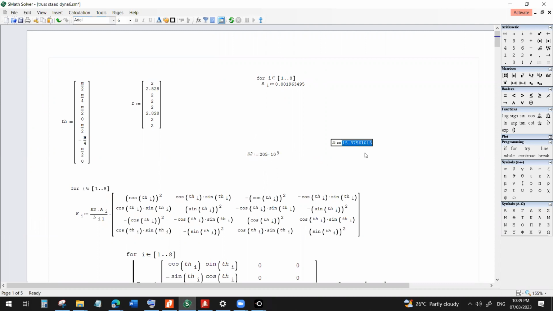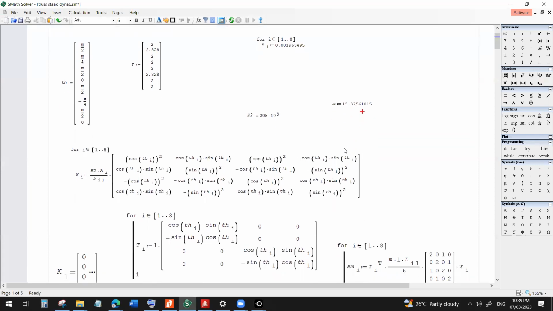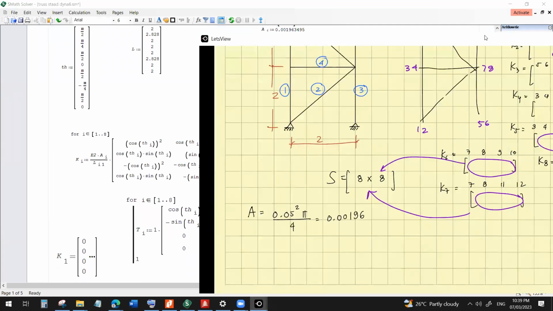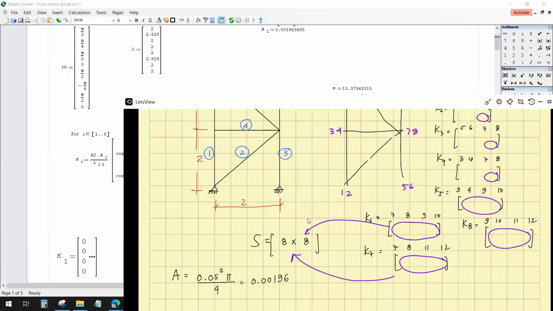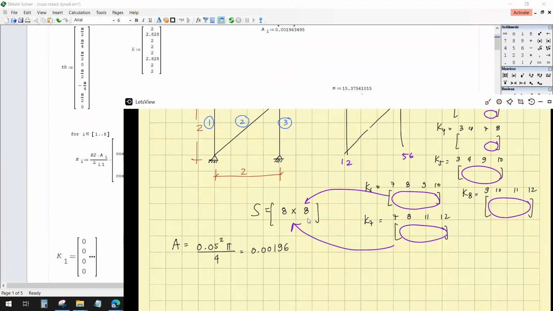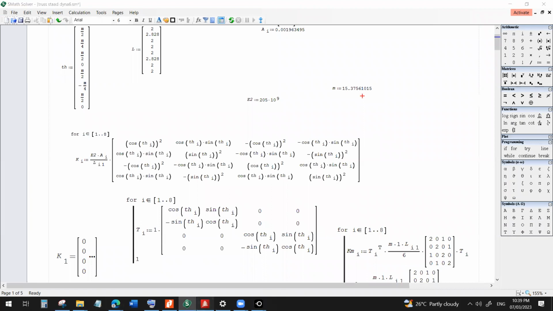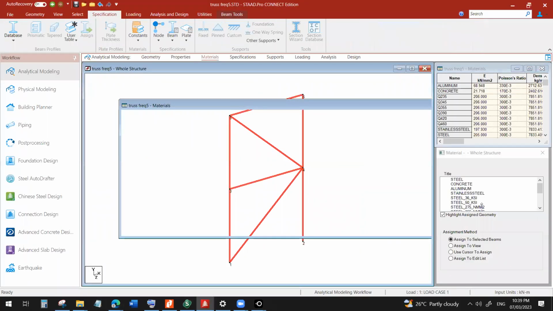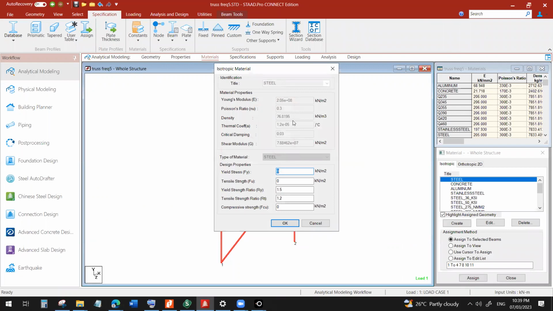And then yung unit mass, no? Ito na-compute, kinumpute to because the unit mass is basically the rho times the area. It turns out, if you convert the rho of steel in STAAD, ito si steel, yan, 76.8195.